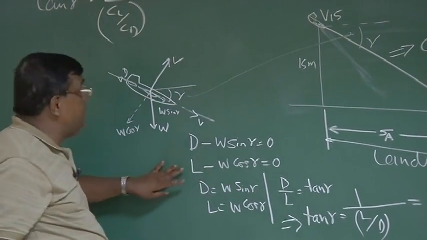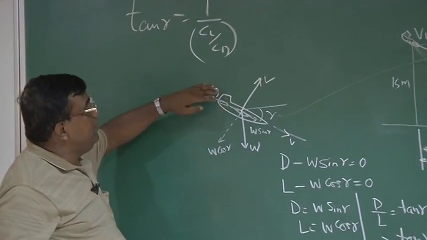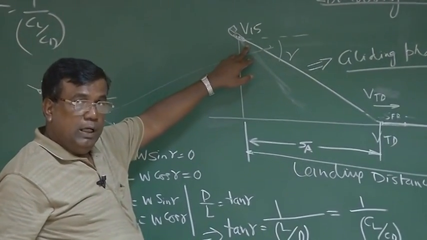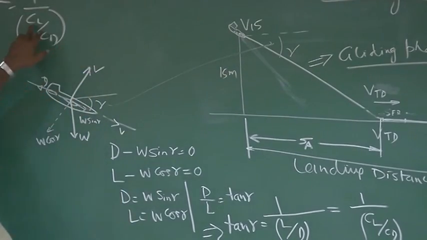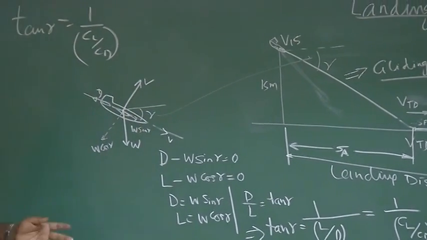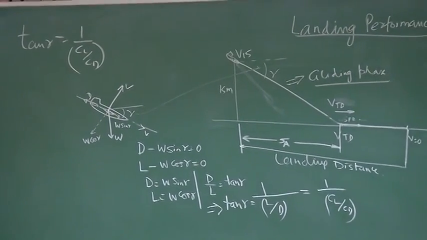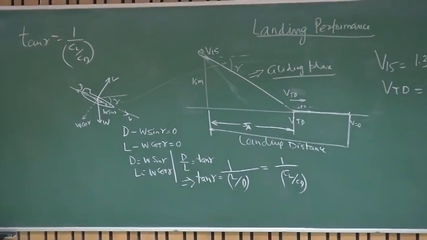And also to re-stress this point, during this phase, I have deployed the flap. So CL and CD have changed. So I have to be very, very careful during estimation that I take the correct value of CL and CD.